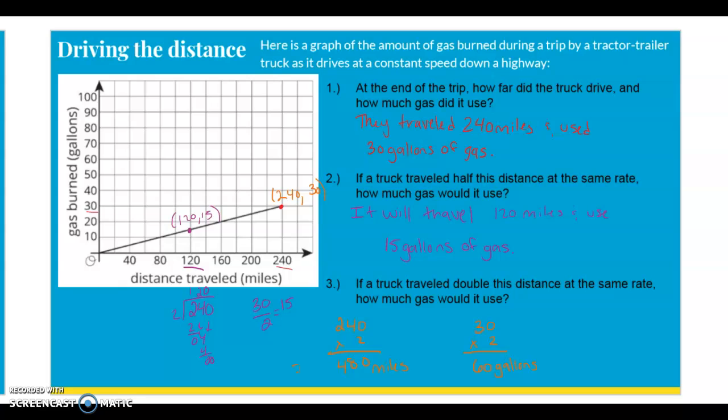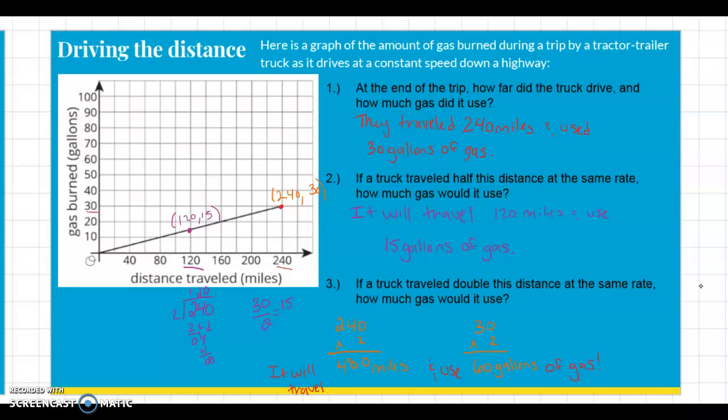So it will travel 480 miles and use 60 gallons of gas. That's a lot of gas and a lot of miles. It's almost all the way to California, depending on what part, of course.